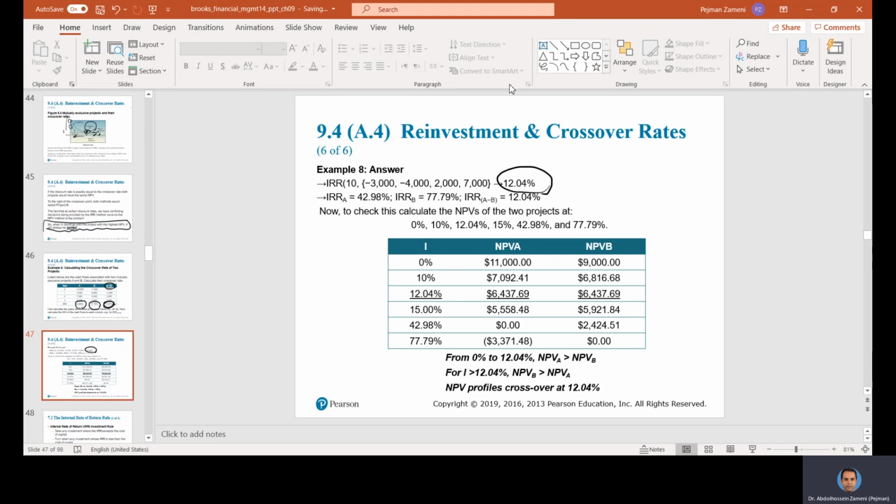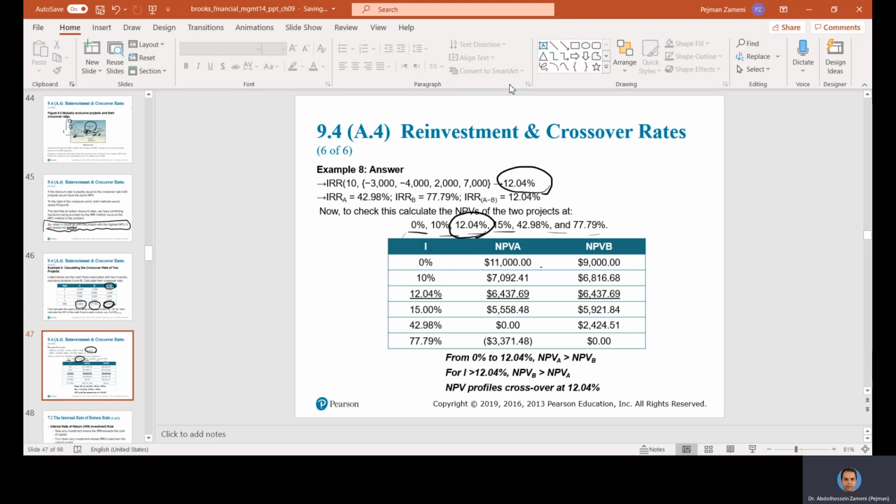Now, to check this, calculate the NPVs of the two projects at different discount rates. This is the crossover rate.